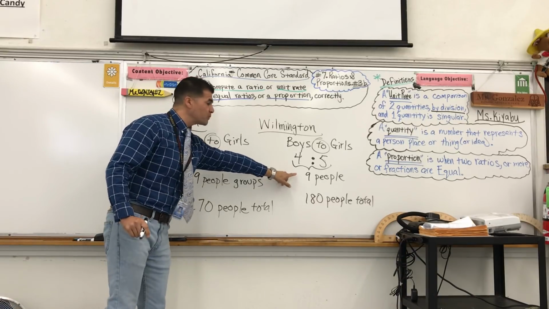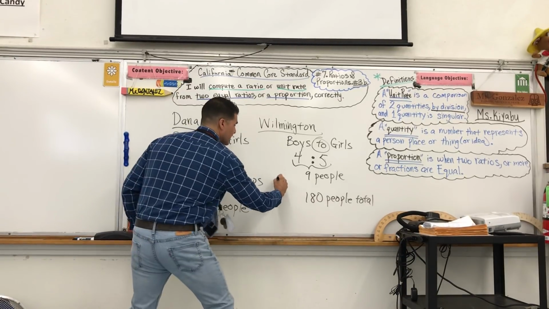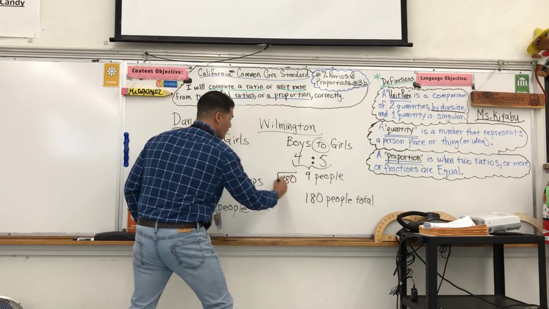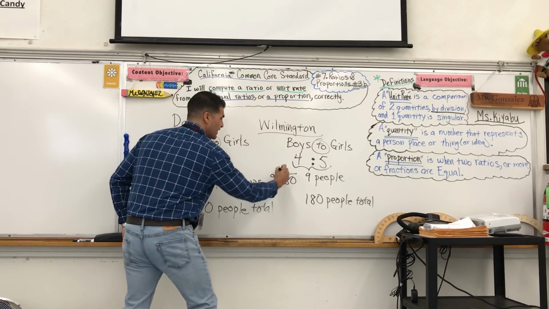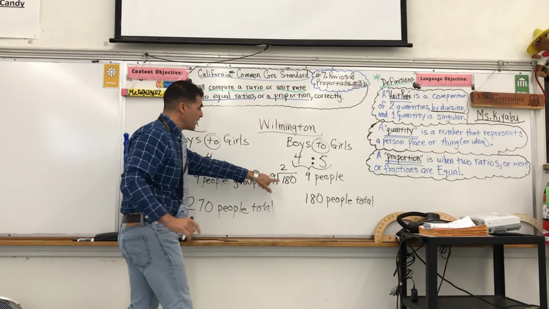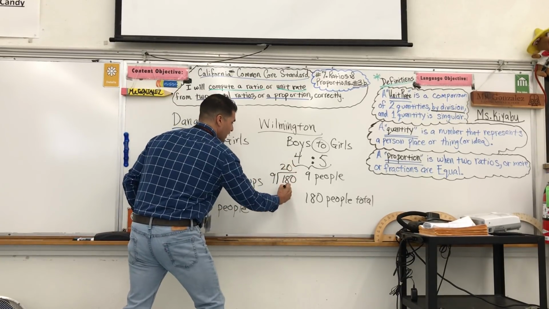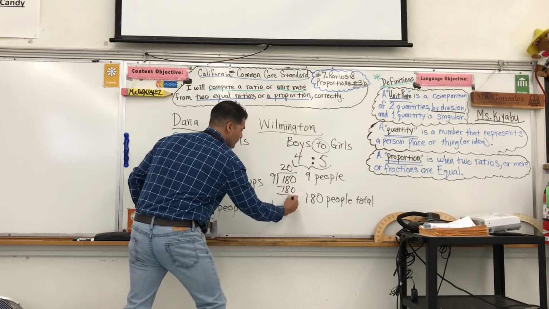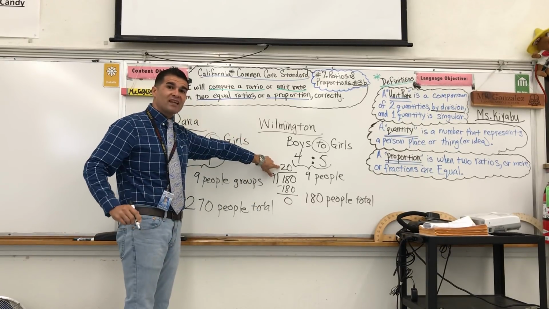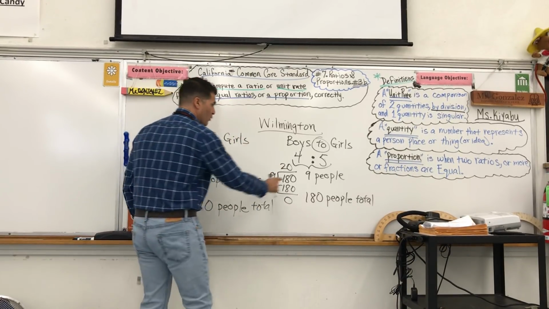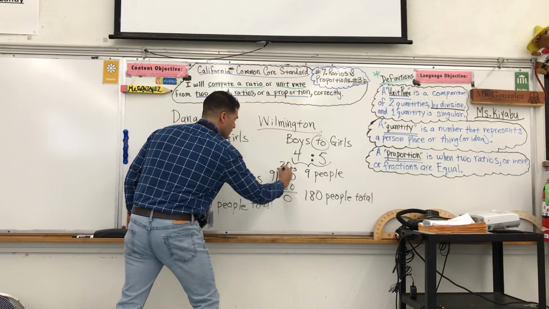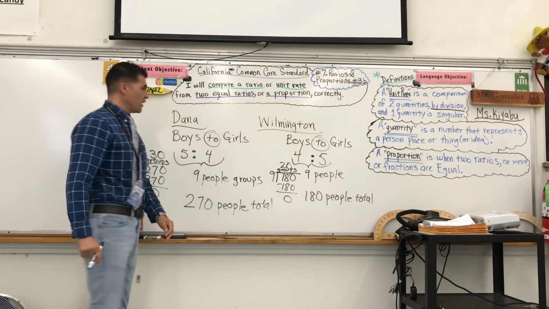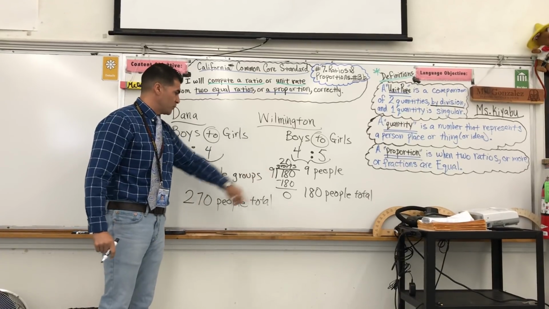We can figure out how many groups are going to go in here. We can take our total of 180 people and divide it by 9, and we can figure out that 9 goes into 18 2 times, so then 9 goes into 180 20 times with no remainder. Well then, this means that 20 groups should be able to go into Wilmington. So I'll write my 20 groups right here, when I divided 180 people by 9 people groups.